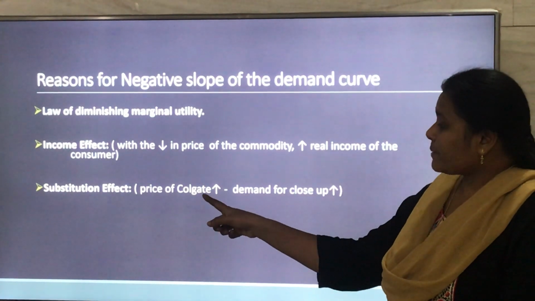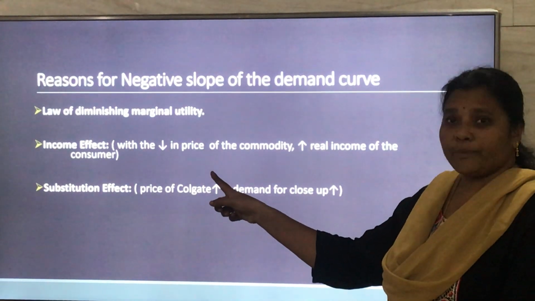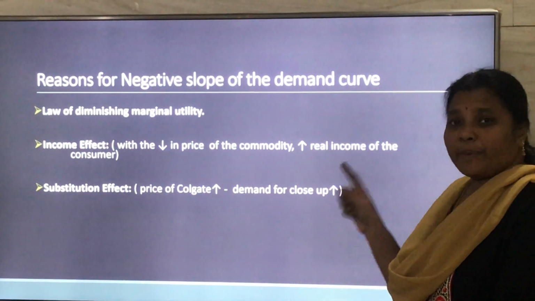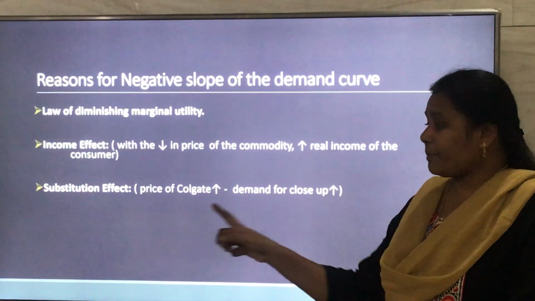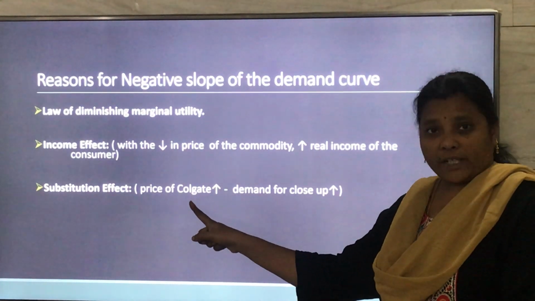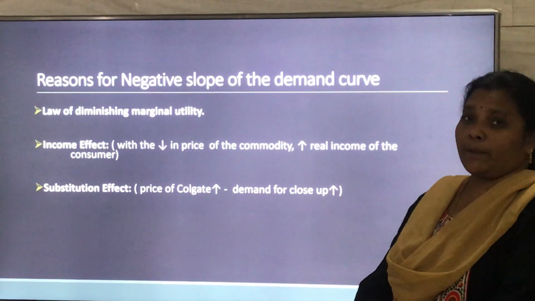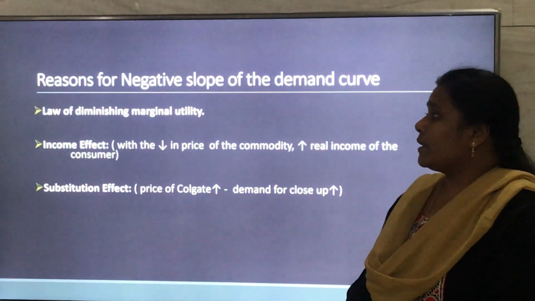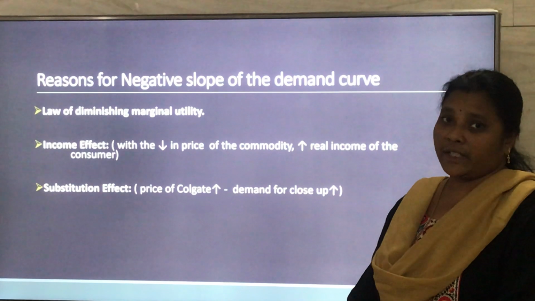So as the price of Colgate increases, the demand for Colgate decreases and the demand for Close-Up increases. So there prevails an inverse relationship between price and quantity demanded for Colgate as well as for Close-Up. This is one reason why the demand curve has a negative slope.